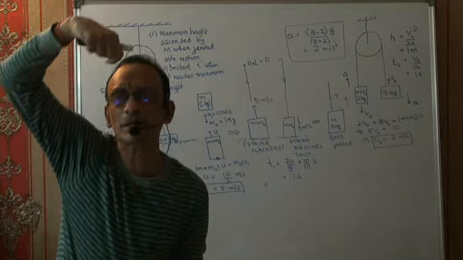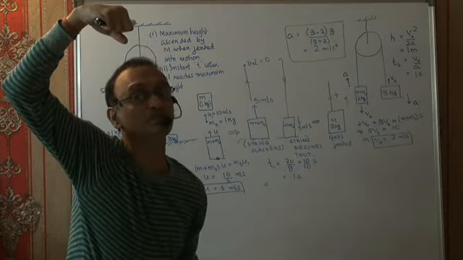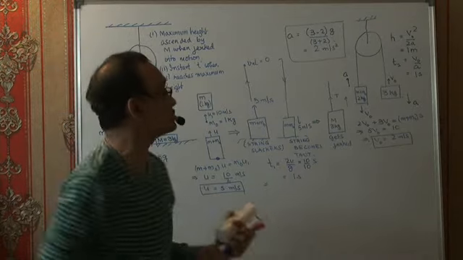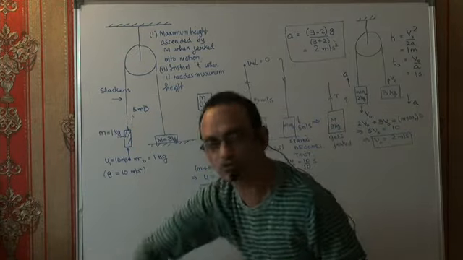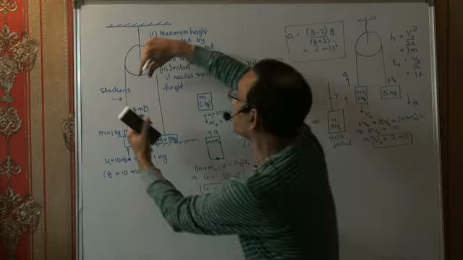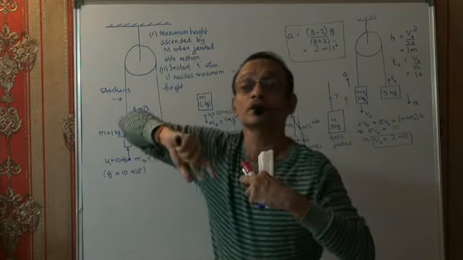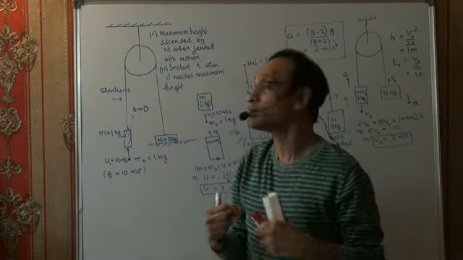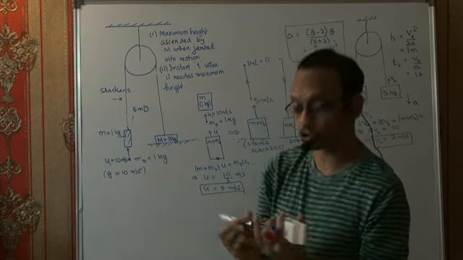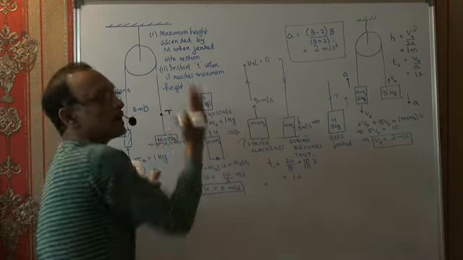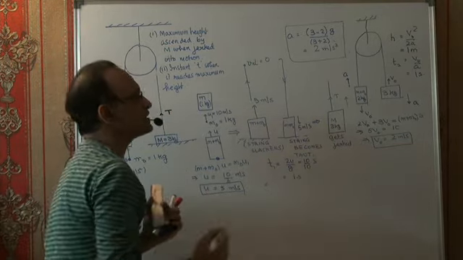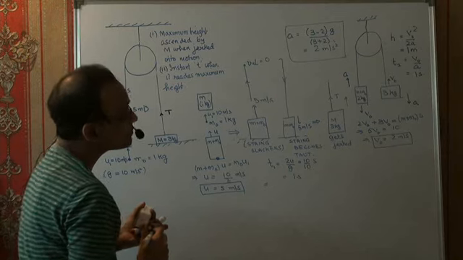There is a sudden build-up of tension in the string. There is an impulse produced in the string, a jerk produced in the string. When this mass goes up and then comes back to this position with a downward velocity of 5 meters per second, the string becomes taut. If there is a jerk produced in the string, what would happen to this mass? This mass will experience an upward impulse.